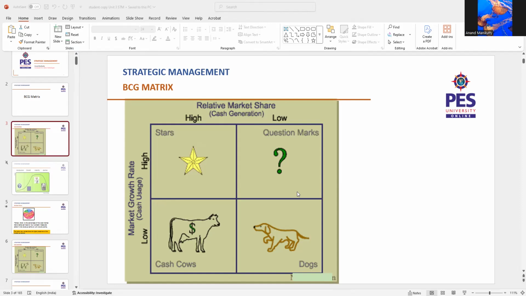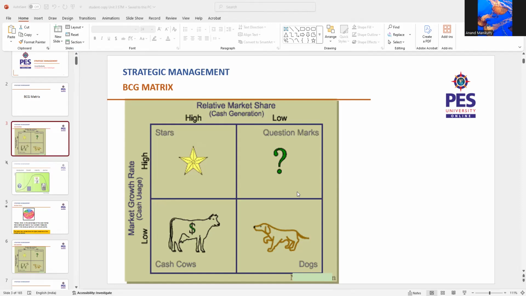Then come question marks, high growth, low market share. Question marks live in booming markets, but the company is not yet a leader. They require investment, experimentation, and smart decisions. Some become stars, but the truth is many fail and become dogs.